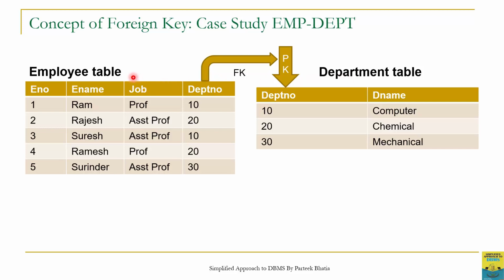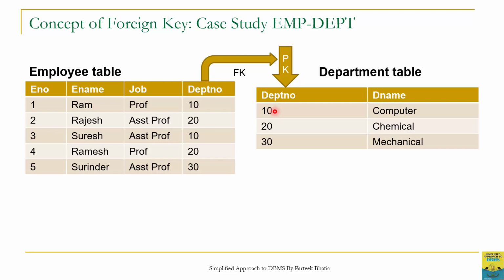Here in the employee table, we have columns e-number, e-name, job and department number. To ensure the integrity of department number, a master department table has been created with columns department number and d-name. This master department table will have all existing departments in the college.